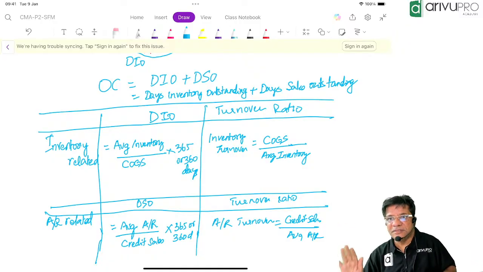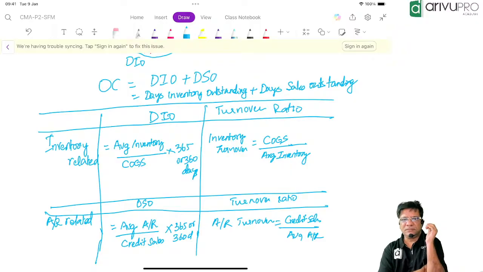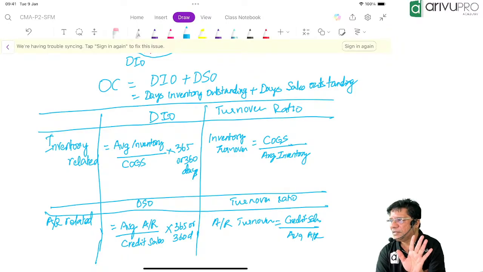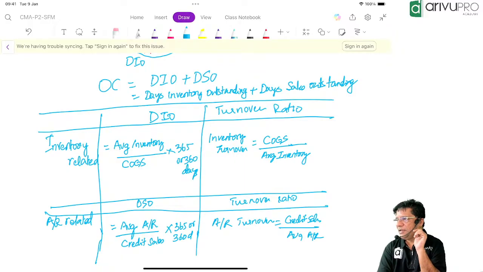Why is AR high in your company? Because the operating cycle is long. That means something is wrong in your company. Your competitor is also selling the same product, you are also selling the same product. Why are you taking 200 days? There is a problem.